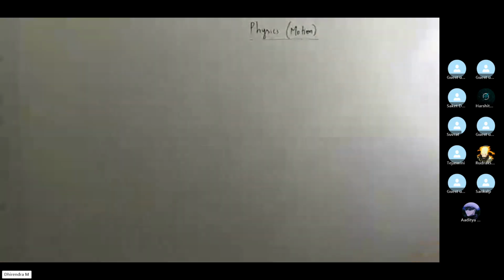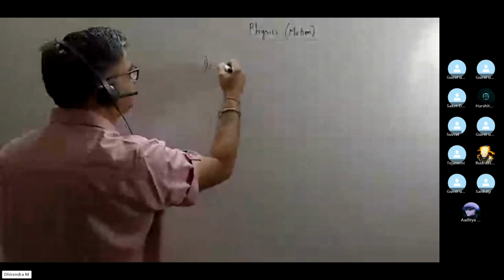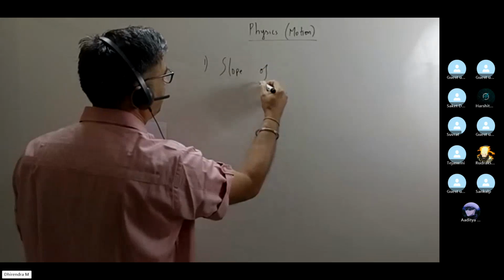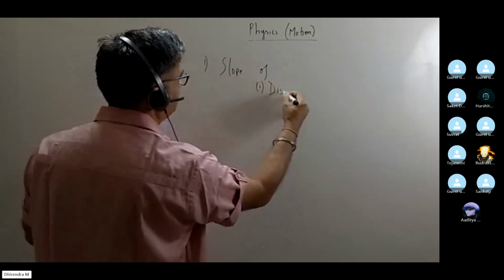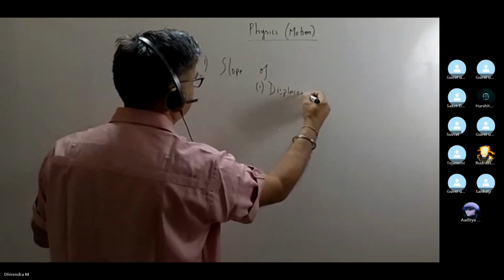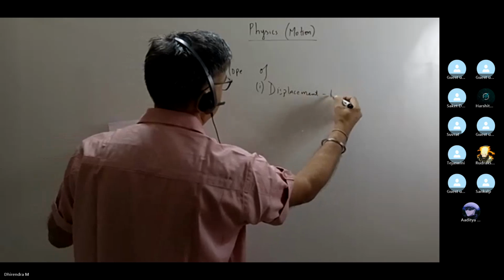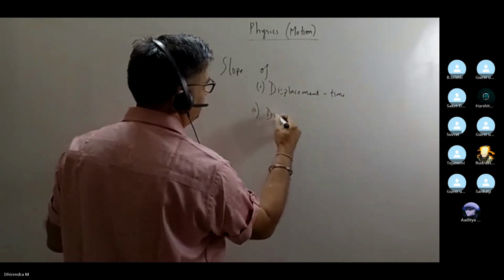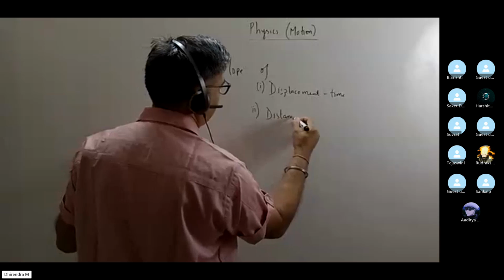The slope of a displacement time graph. So what does the slope of a displacement time graph give us, folks? The slope of one displacement time graph, and two, the distance time graph.